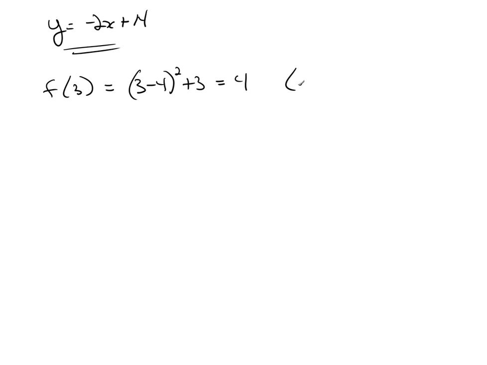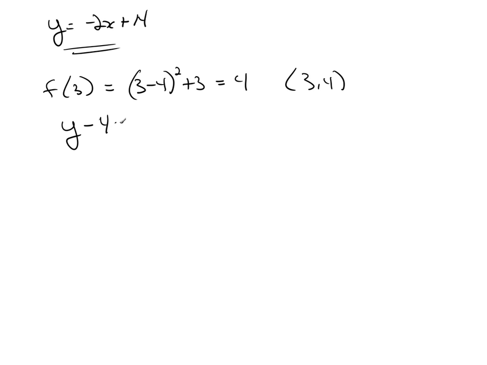So the first function I have is y equals negative 2x plus 14. And now I need to find f of 3. f of 3 is going to be (3 minus 4) squared plus 3. That's negative 1 squared, which is 1, plus 3, that's 4. So I know I have the point 3, 4.